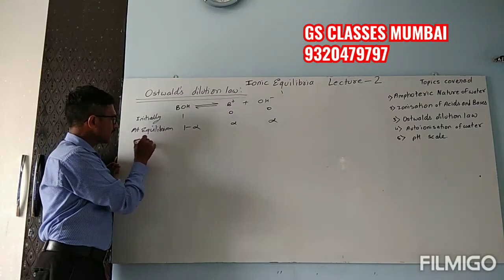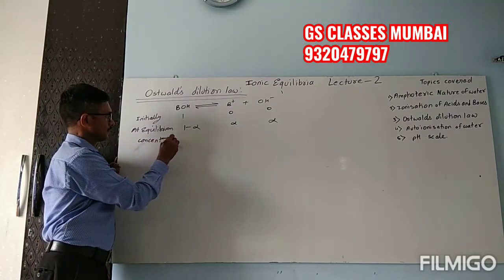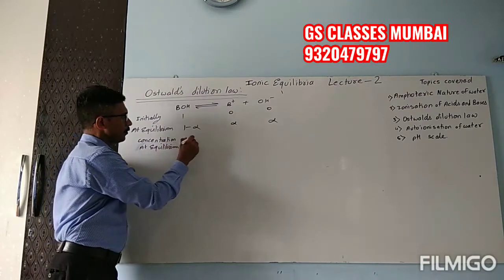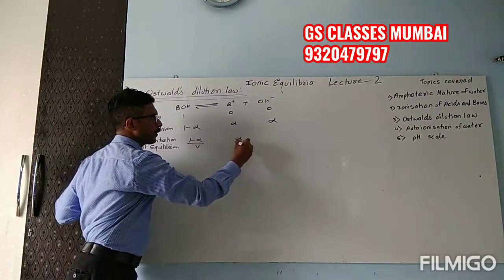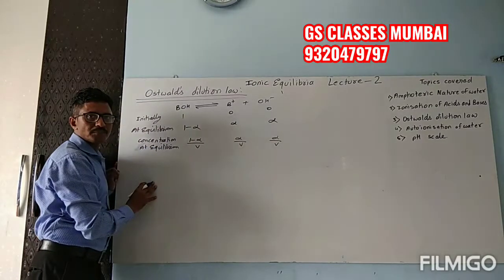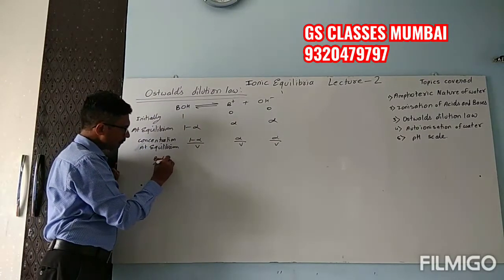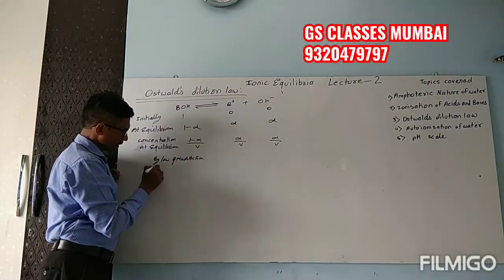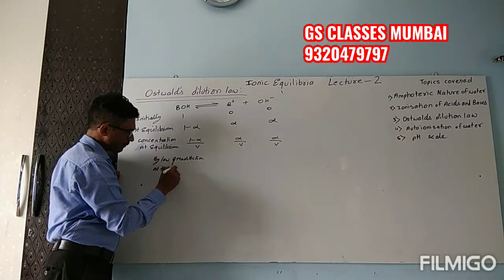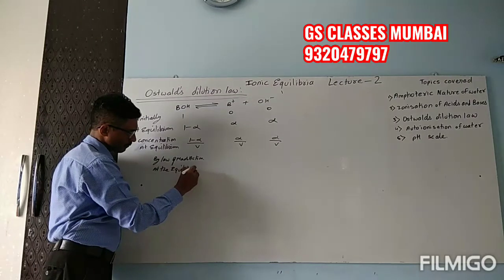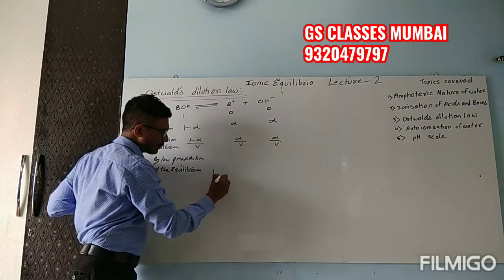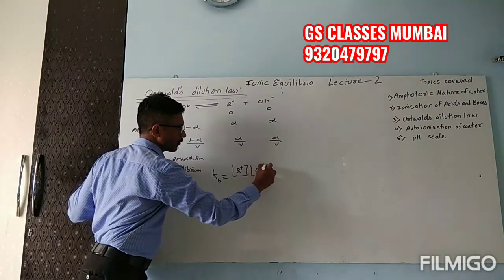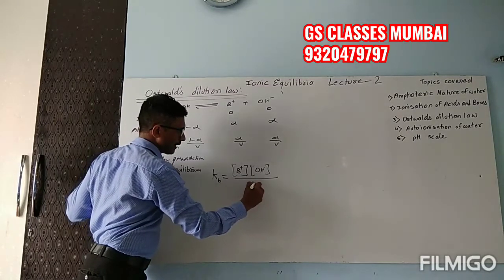Now we can write the concentration at equilibrium as 1 minus alpha upon volume, and alpha upon volume. By the law of mass action, at the stage of equilibrium, we can write Kb equals the concentration of B plus and the concentration of hydroxide divided by BOH.